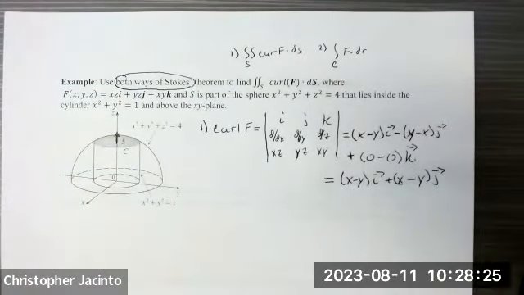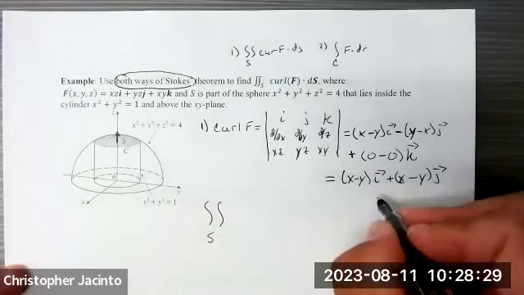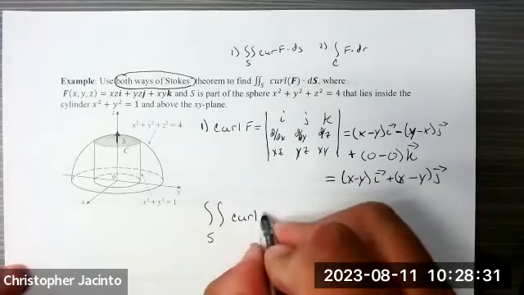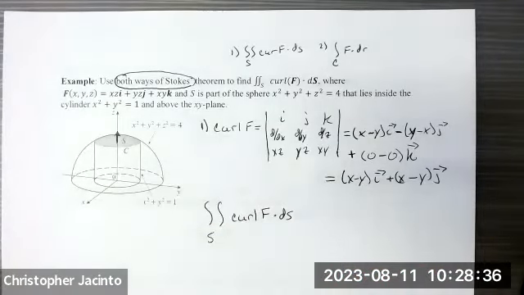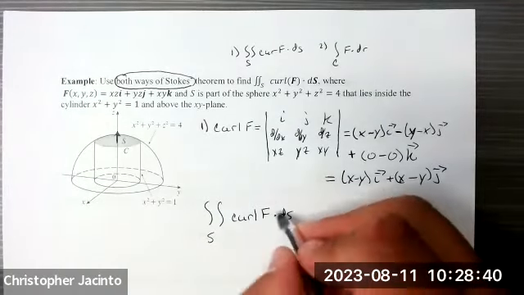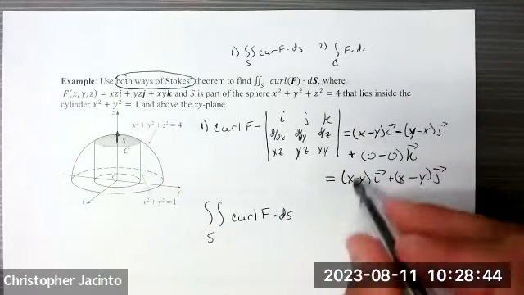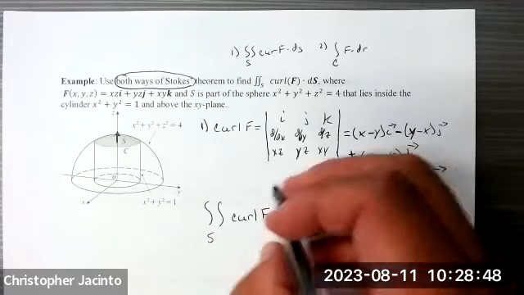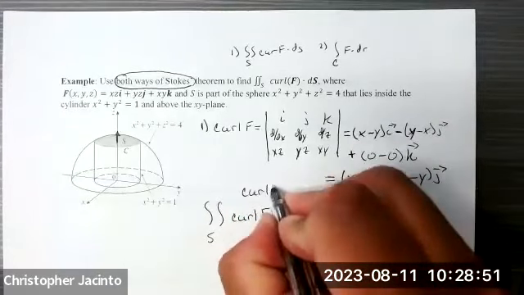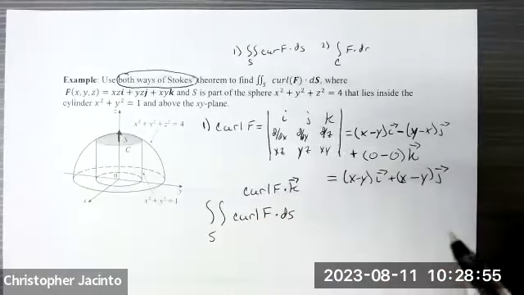Okay, so therefore, we're going to find the double integral over the surface of our curl times dS. Now, I kind of hinted this last time, right? But in order to find the actual double integral, we need this in terms of just one single polynomial, right? So what we're going to do is take the dot product of our curl with k, the kth component.